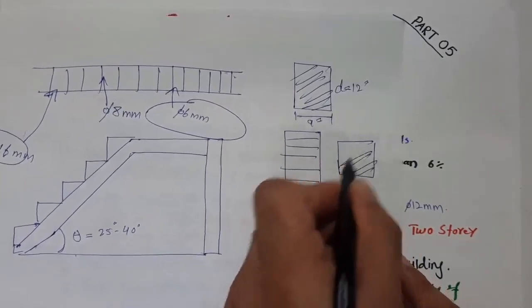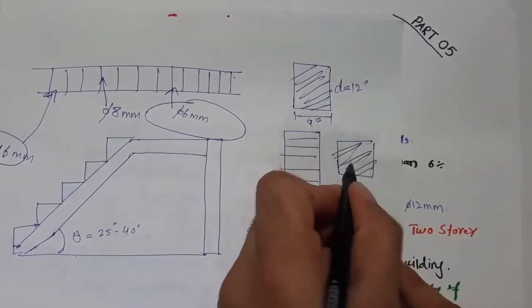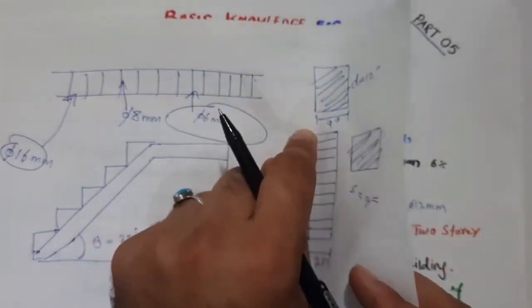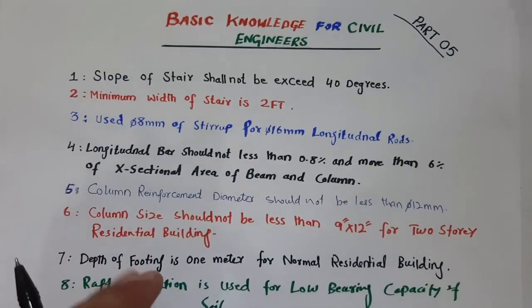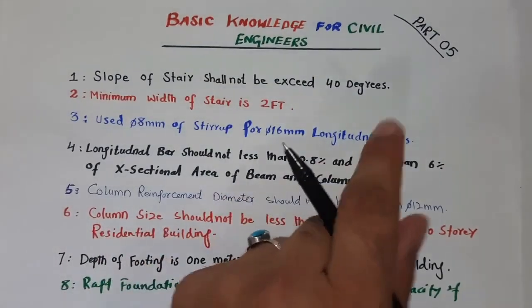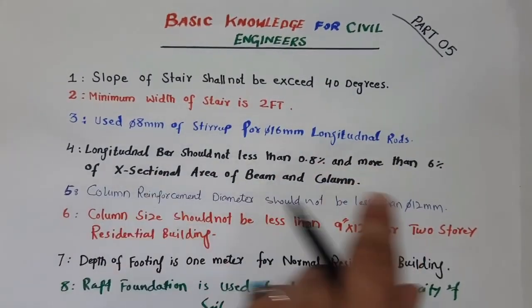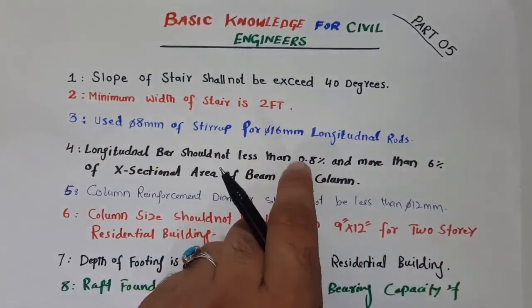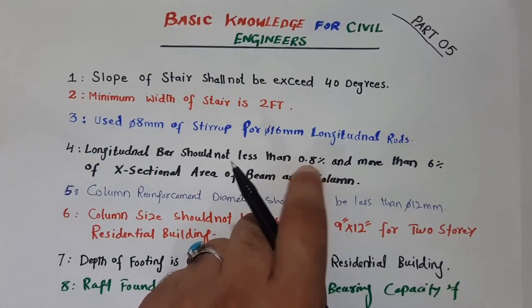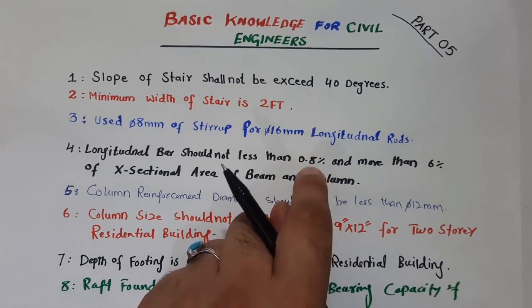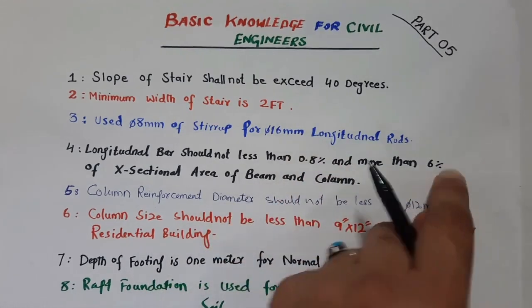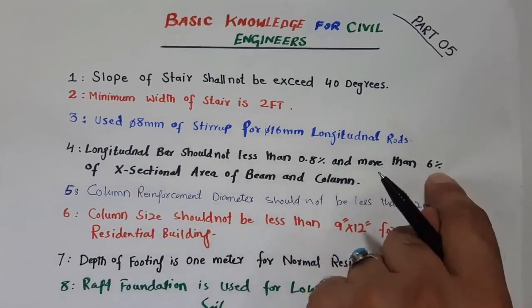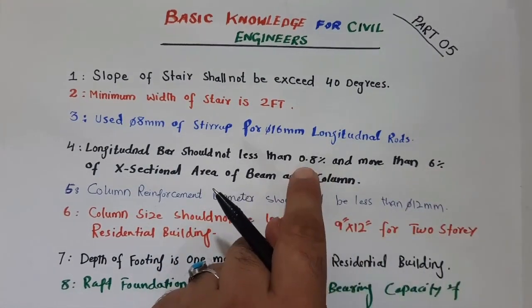Okay, so this is cross-sectional area of column. Okay, so when you want to use the steel reinforcement from ACI, okay, so from IS Indian standard codes, you cannot use less than this 0.8% of cross-sectional area of beam and column, and not more than 6% of cross-sectional area of beam and column. So you cannot exceed this, and you cannot use less than this minimum, right?